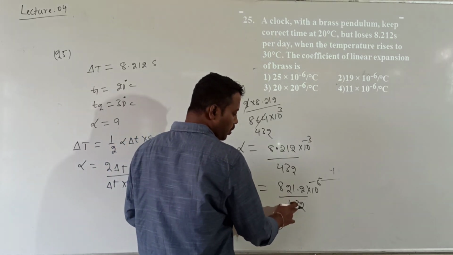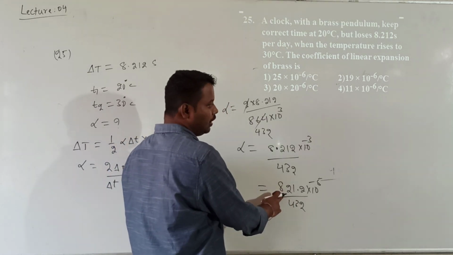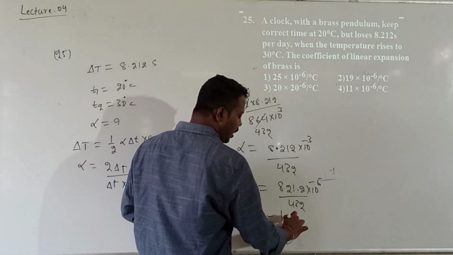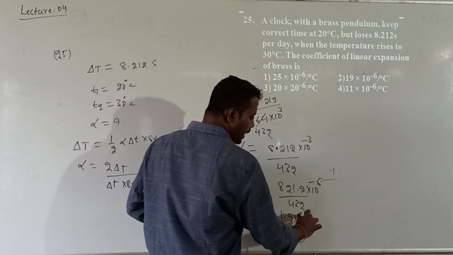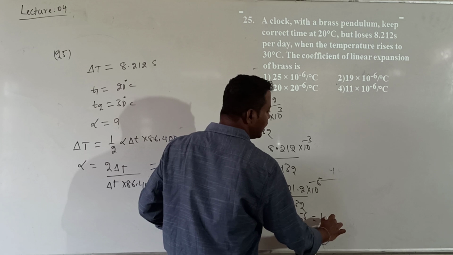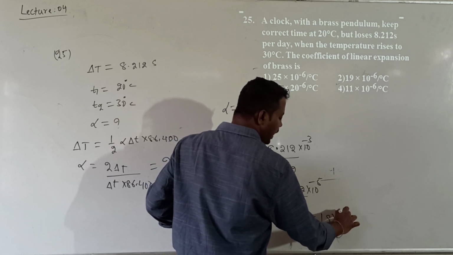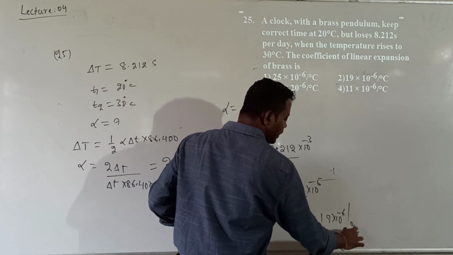This 432 will go nearly close to 2 times, but it is not exactly 2 times. That is 1.9 into 10 power of minus 1, which can be written as 19 into 10 power minus 6 per degree centigrade.